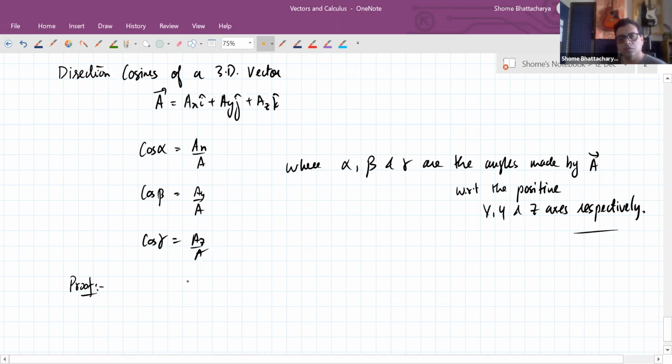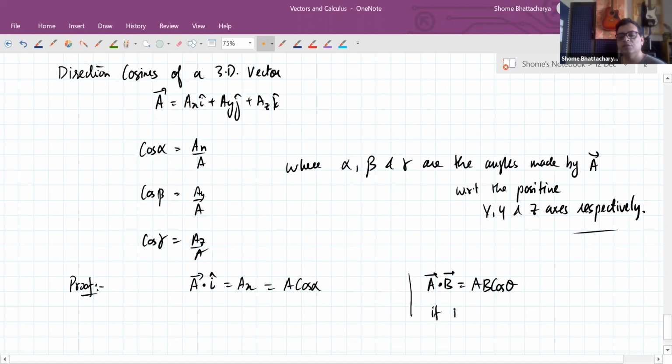The vector A dot product with I cap is equal to x, and this should be equal to magnitude of vector A multiplied by cos alpha, because as you can see, A dot B is equal to AB cos theta.